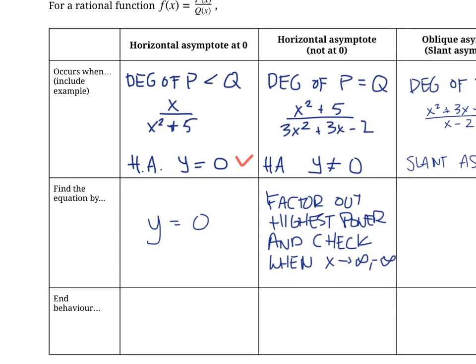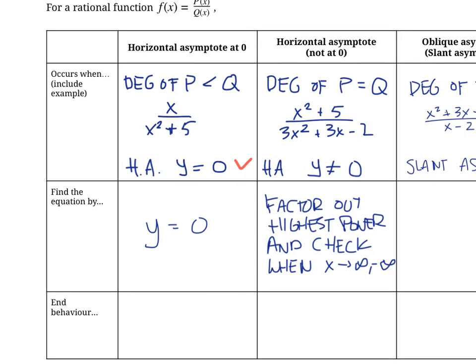Also down here, we can look at what the end behavior is for these. So the end behavior for a horizontal asymptote at 0 is just going to be as x goes to infinity, y goes to 0, and as x goes to negative infinity, y goes to 0 as well.